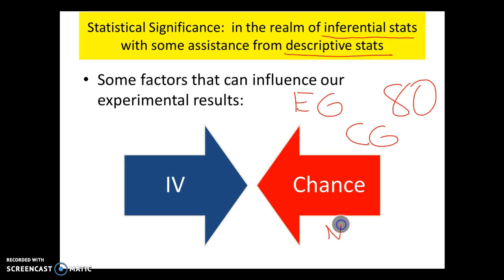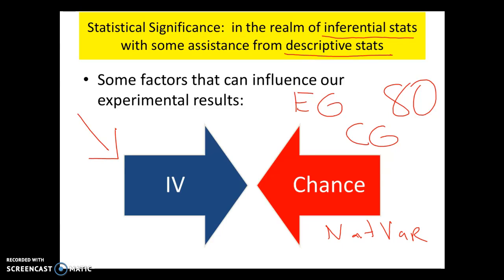You can also call chance natural variation. Okay, so those are the two things. Obviously, we want the independent variable to be the cause of our dependent variable, the outcome variable. But we know that chance will always play a role in our results. So the job we want to do is try to measure chance.